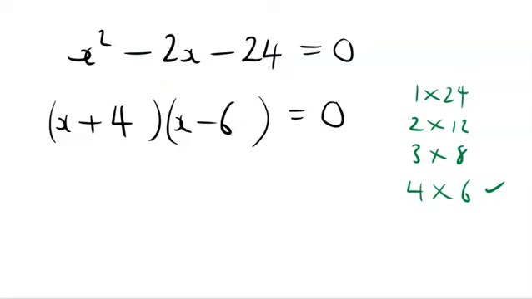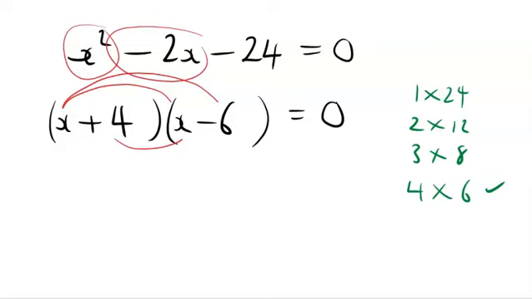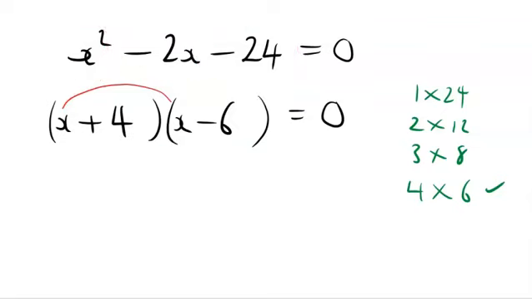And again, always check by expansion. So x times x, correct, x squared, minus 6x plus 4x is minus 2x, and then 4 times minus 6 does give minus 24. So then all you need to do, that can be 0 or this can be 0 for it to work.